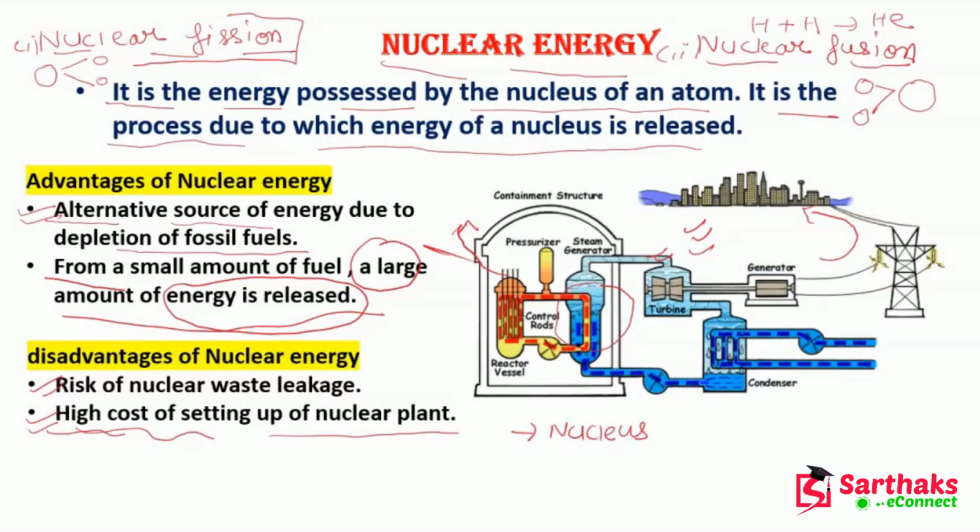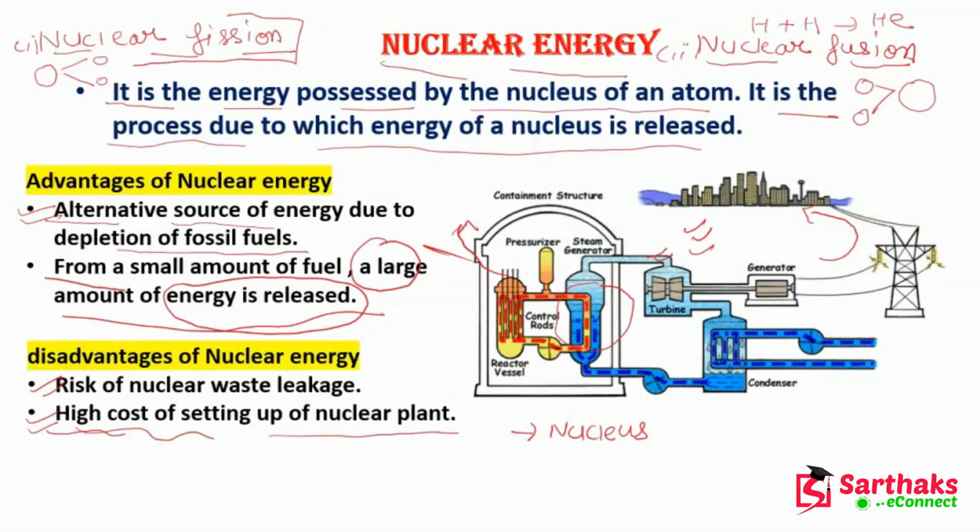Now we had seen the advantages of nuclear energy. The first advantage is that it can be used as an alternative source of energy due to depletion of fossil fuels. The other point is, from a small amount of fuel, a large amount of energy is released.